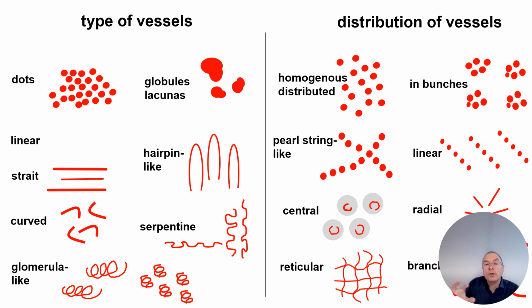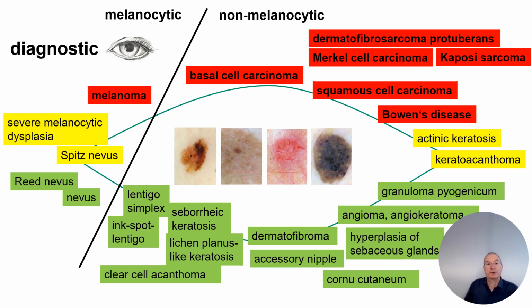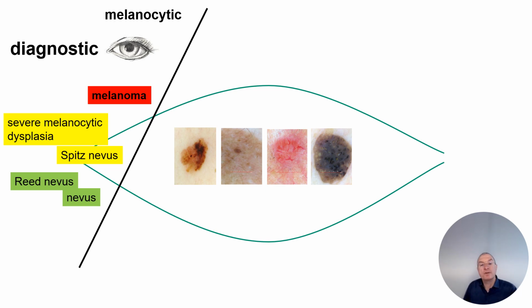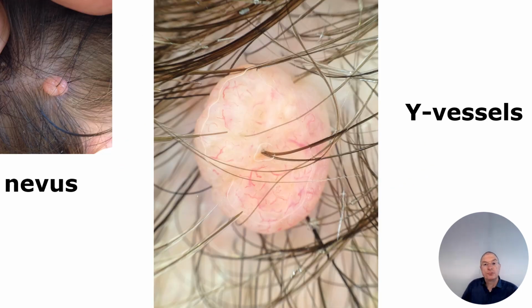I will not go through this, but we need to know we have different types of vessels. I will show you this in these three short courses, and a little bit of this different distribution of vessels. But we need to go into details in the lesions, and this is important. So according to the diagnostic eye, we will start with the melanocytic lesions today.